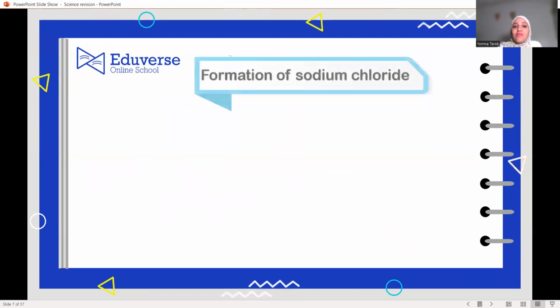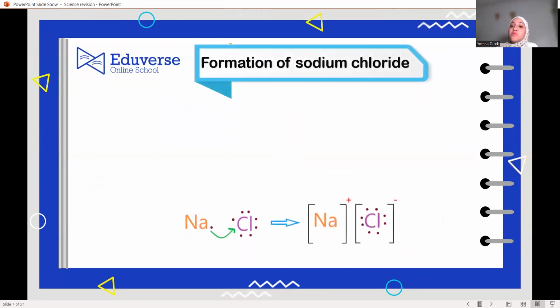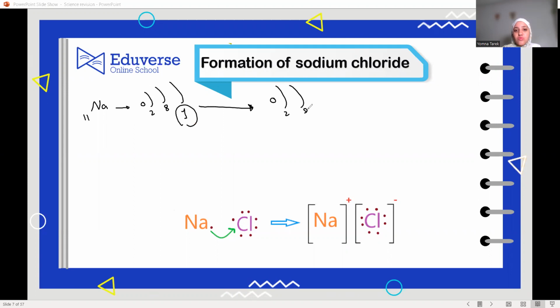Now let's talk about the formation of sodium chloride as an example. So we have here the sodium, which is Na 11, and here it's 2, 8, 1. So it's going to lose this electron and form a positive ion. So it's 2, 8, and this is a positive ion.